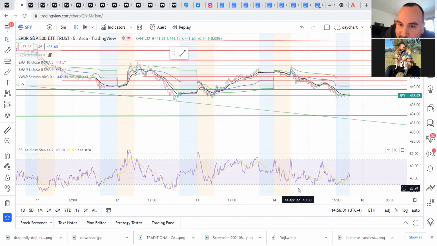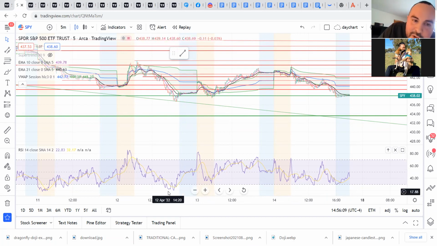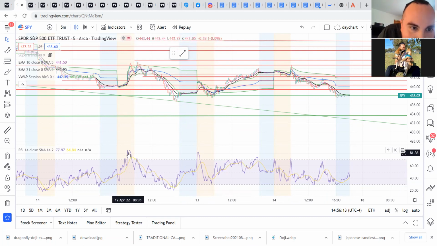So underneath this line, you're very oversold, excuse me, I have dyslexia. And up here, you're very overbought. And 50 is your midway point, just kind of in the middle.